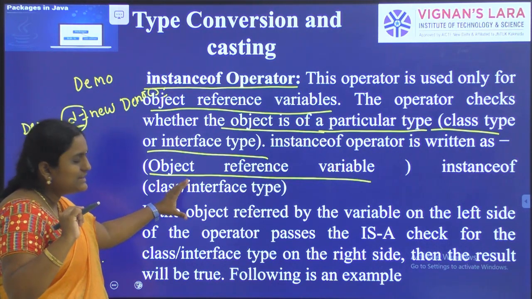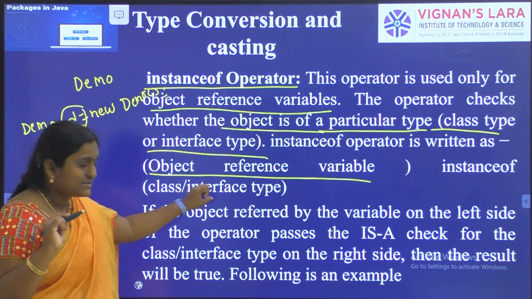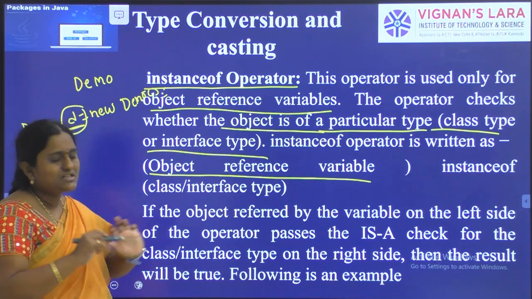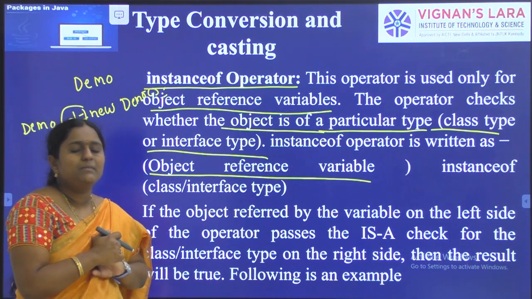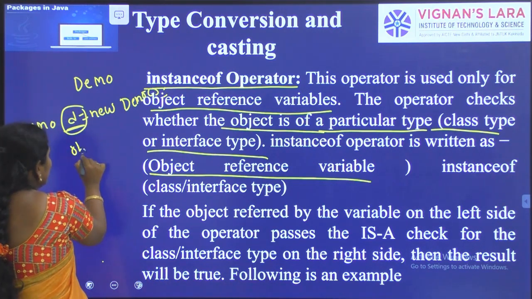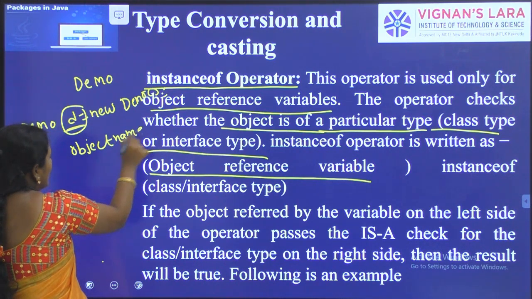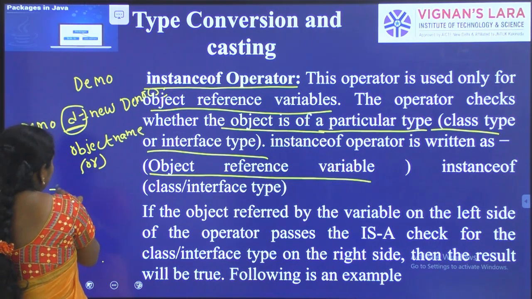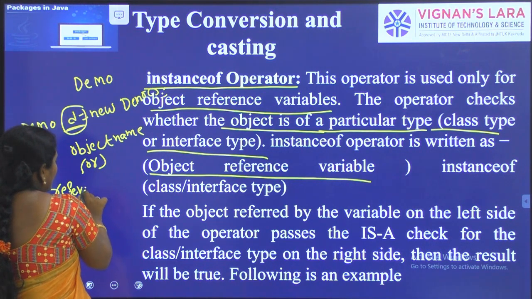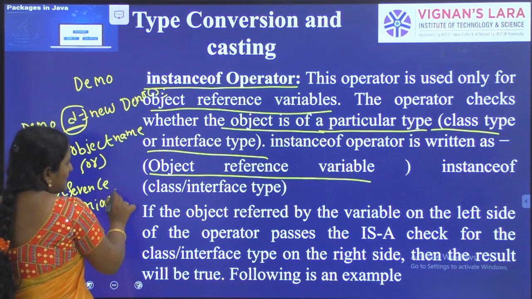So in this syntax, the left hand side is the object reference variable, meaning object name or reference variable.